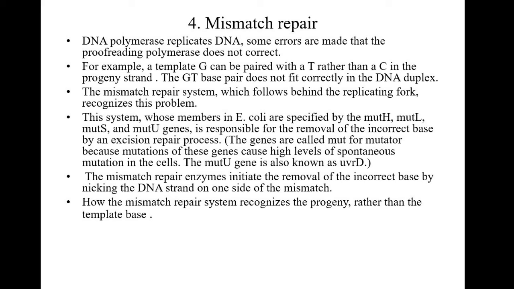At that time, some errors are made which do not get corrected. If the template G is paired with the T rather than C of a progeny strand, the GT base pair does not fit correctly in the DNA duplex.